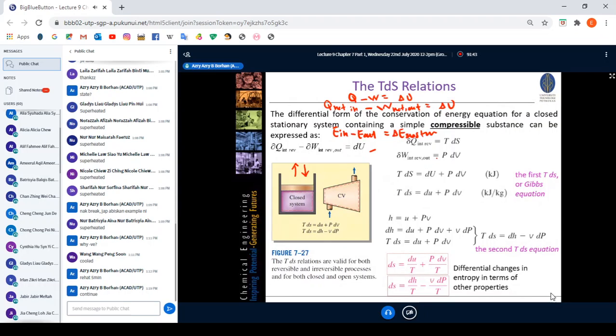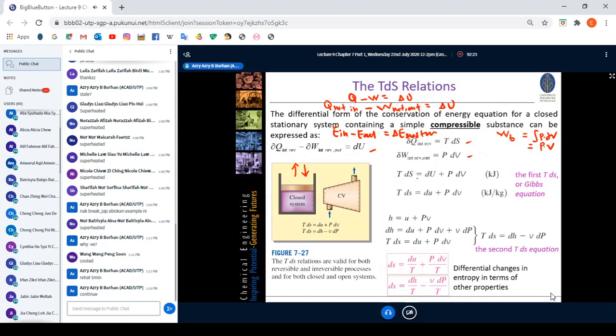Now, from our derivation of entropy, we have delta Q internally reversible equivalent to T times delta S. And also you have movable boundary work, which, when you learned about it the other day, is the integration of P times delta V. So substitute both expressions into the generalized energy balance.